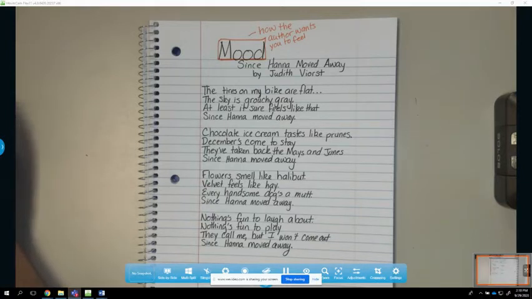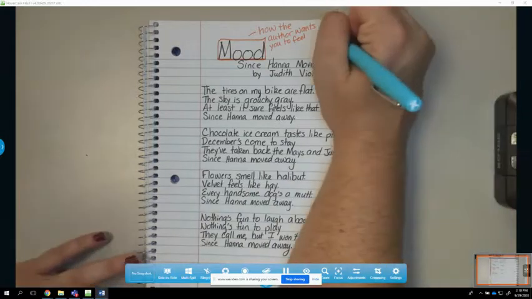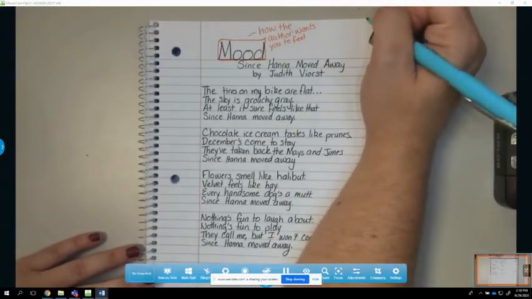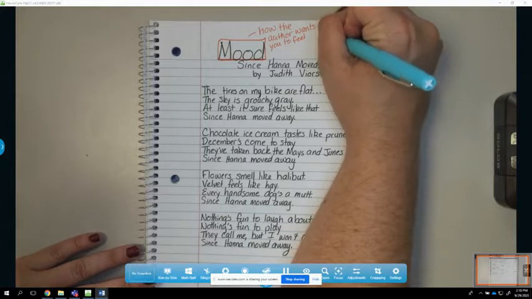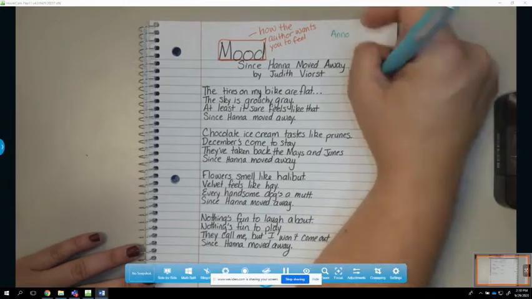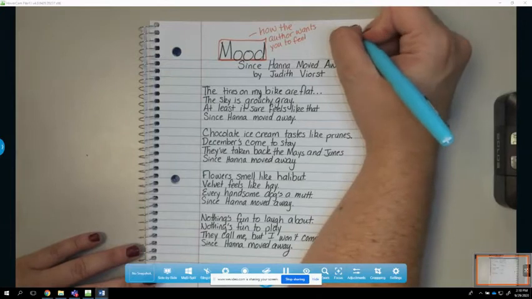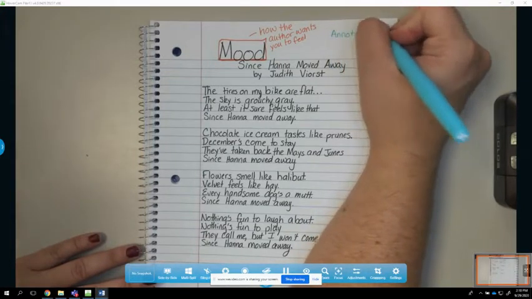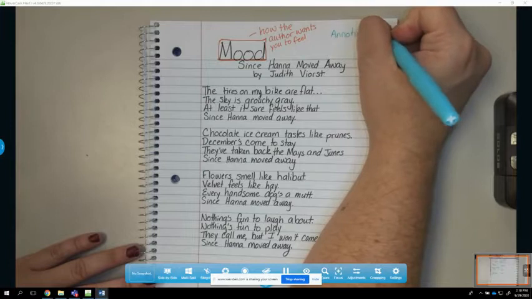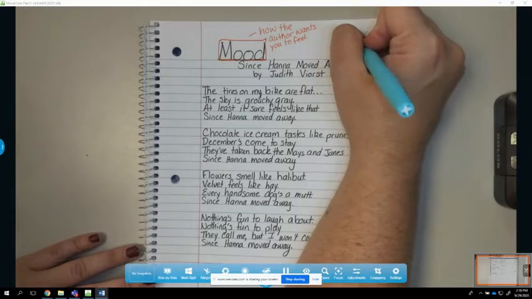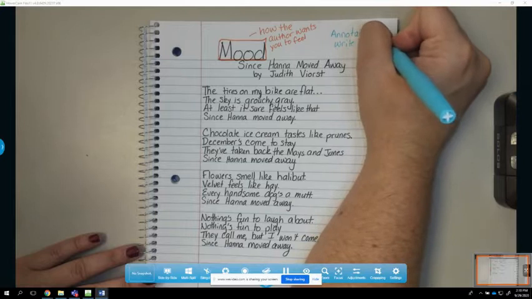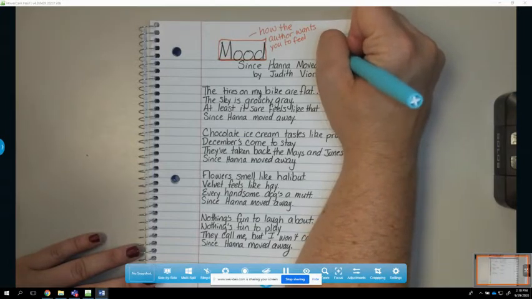Then the other thing I'm going to remind you of is that we are annotating this poem. And when you annotate a poem, what that means is that you are basically making notes on the poem to help you understand it. So I'm just going to write right up here at the top, because I have some blank space, that to annotate is to write notes on the poem itself.